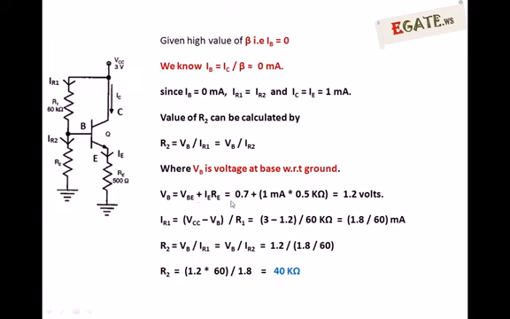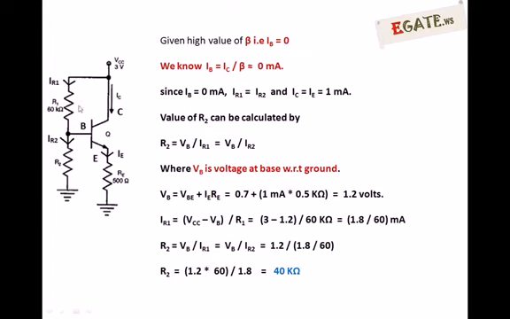VBE for the NPN transistor is 0.7 volts, IE is given as 1 milliampere and RE is 500 ohms, that is 0.5 kilo ohms. So the total value VB, the base voltage, is 1.2 volts. Next we can calculate IR1, which is also flowing through this R2.